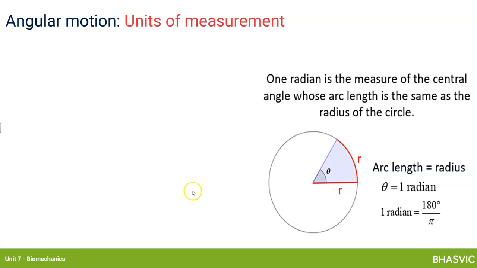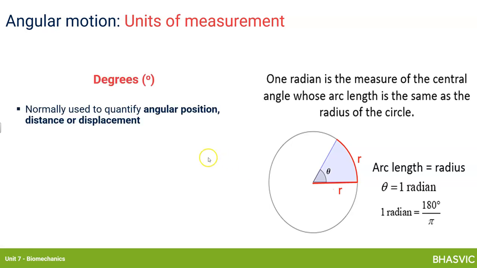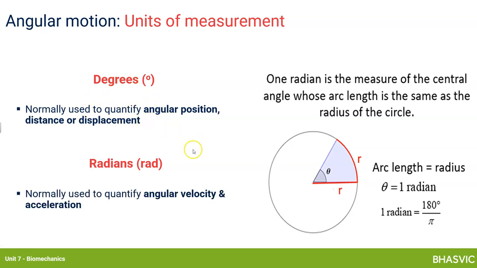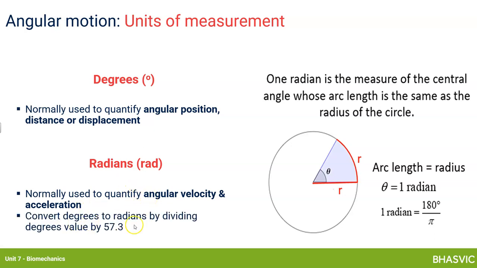Things get a little bit more involved when we look at angular acceleration because the unit of measurement changes. So when you're looking at angular position, as we just have been, then we talk about degrees. How many degrees is there in terms of change of position? But when we look at angular velocity or acceleration, so the time-related changes, then we have to use radians.